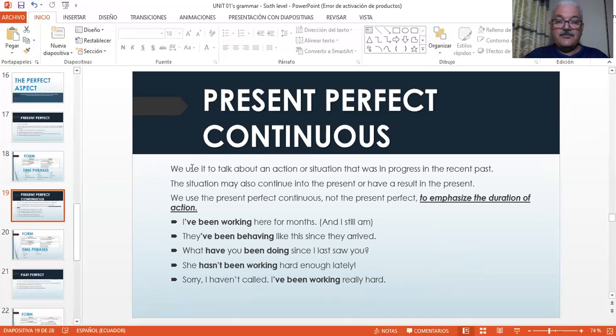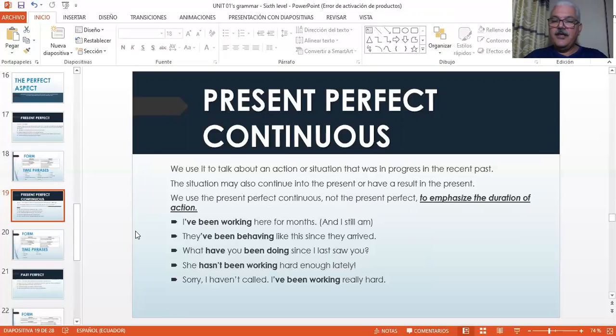We use it to talk about an action or situation that was in progress in the recent past. The situation may also continue into the present or have a result in the present. We use the present perfect continuous, not the present perfect, to emphasize the duration of the action. Then, these are the examples.